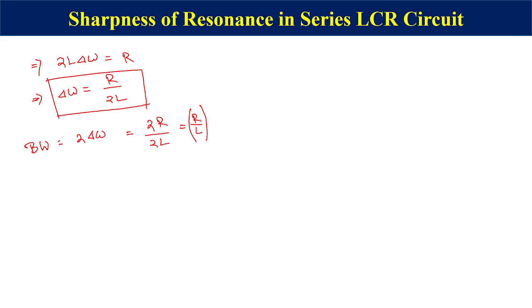Now the sharpness of resonance. We have already come across a parameter which is given by omega naught upon 2 delta omega, that is what is known as the sharpness parameter.